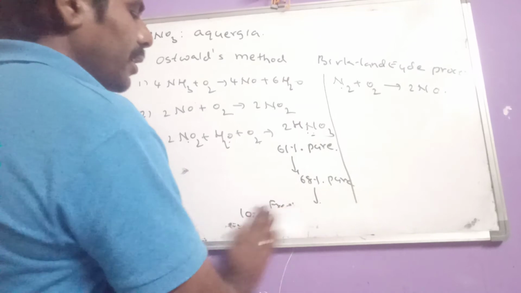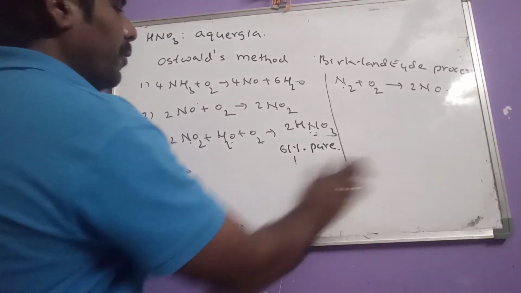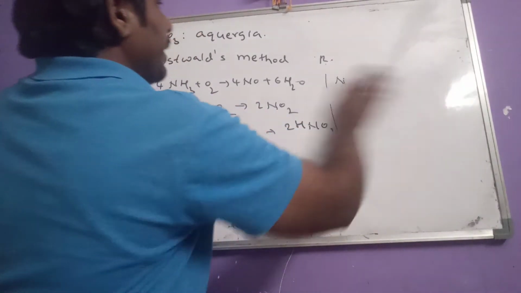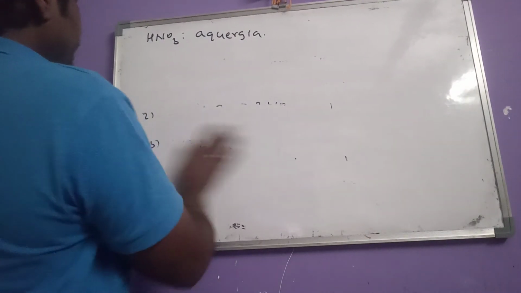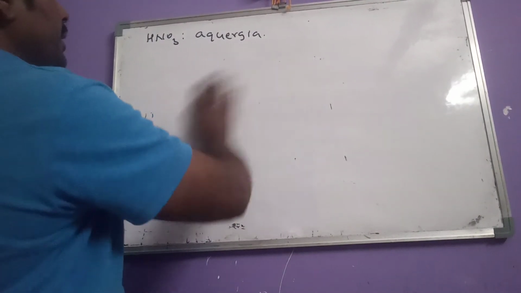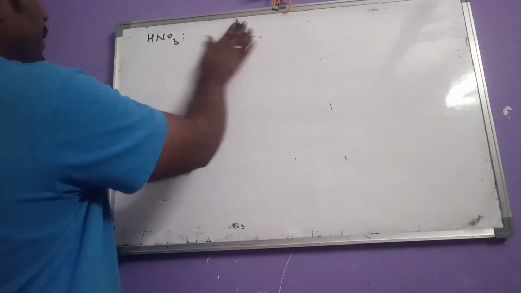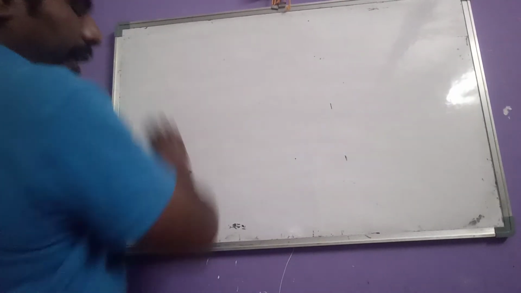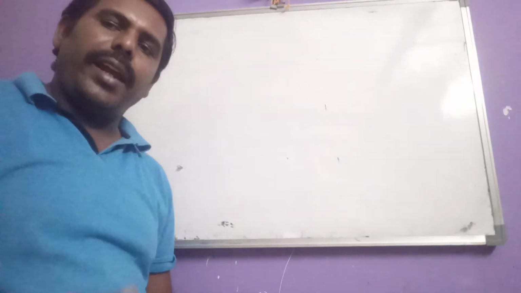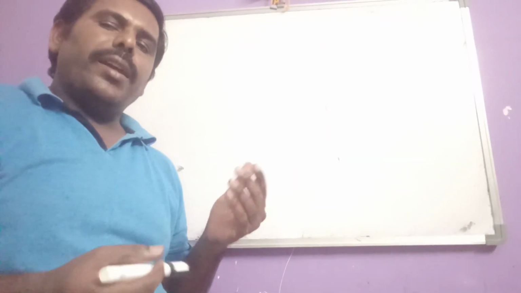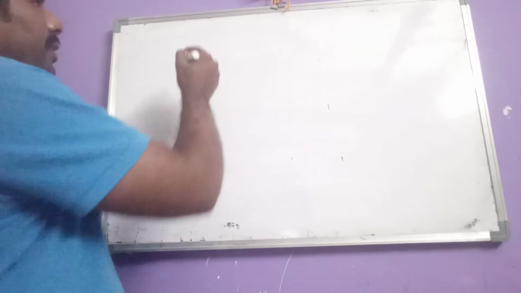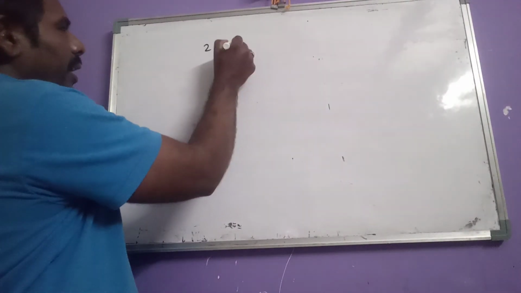Now let us see the properties of nitric acid. Okay, now what are the properties of nitric acid here? Nitric acid is a colorless liquid and in vapor phase it is having trigonal planar structure. So now next it freezes at 231 Kelvin.